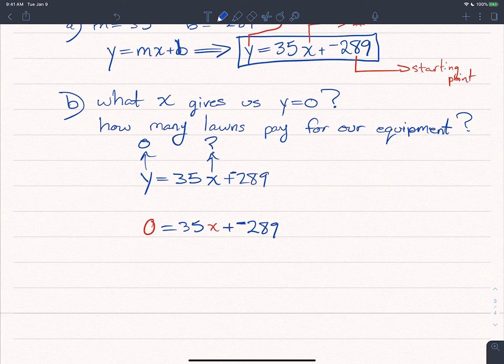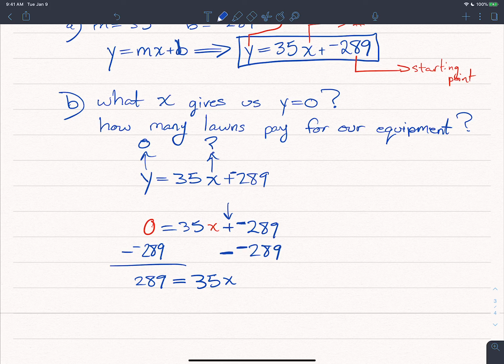So to undo addition, we have addition here. We want to undo the addition. We're going to undo it with subtraction. So we're going to do minus 289, and we're going to do that to both sides, right? On this side, we get 289 equals 35x.